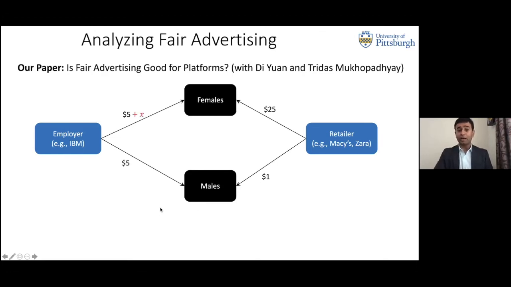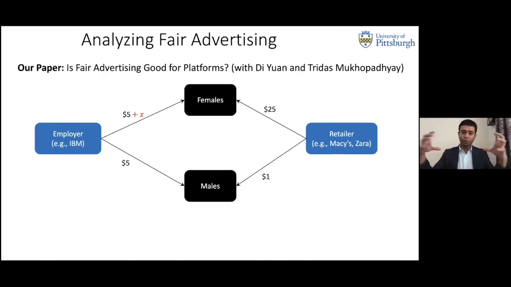By jacking up these bids, you heat up the competition, because these bids become closer to each other, and now they have to compete more fiercely to get the same number of impressions. Because of more competition, the retailer puts in more money to get more females, and because of this, the employer also puts in more money, because the more money I put in, the more the X, and the more jack-up I will get.